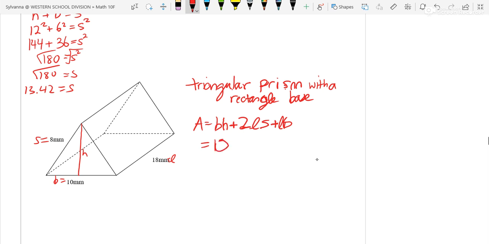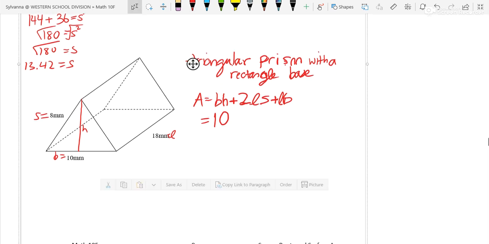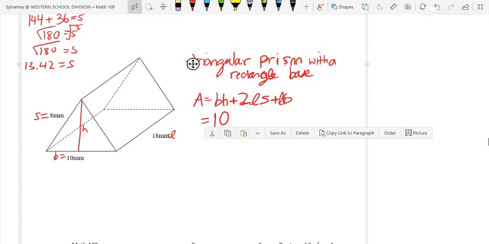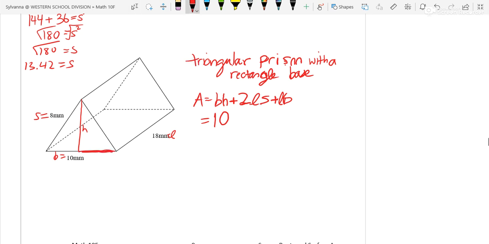We don't have our height yet, and we need to find that. And again, we're going to have to use Pythagoras to find it. You need to be a bit careful when you are trying to calculate this. Usually to find the height, we would need this length here. Well, we know the entire length is 10, but I only need about half of that.